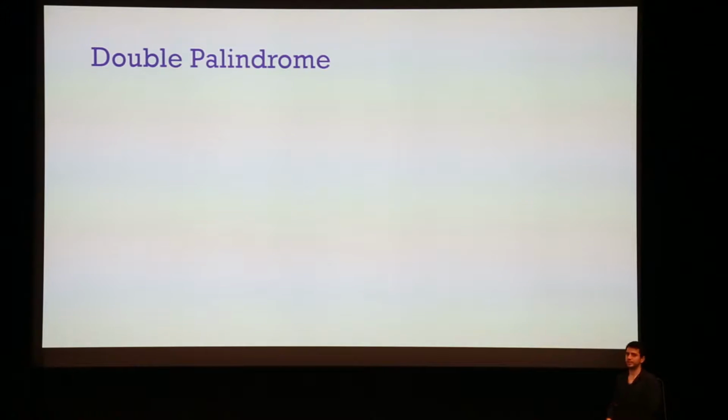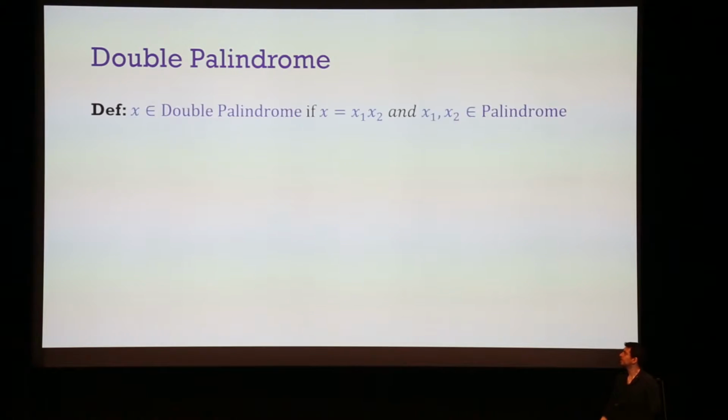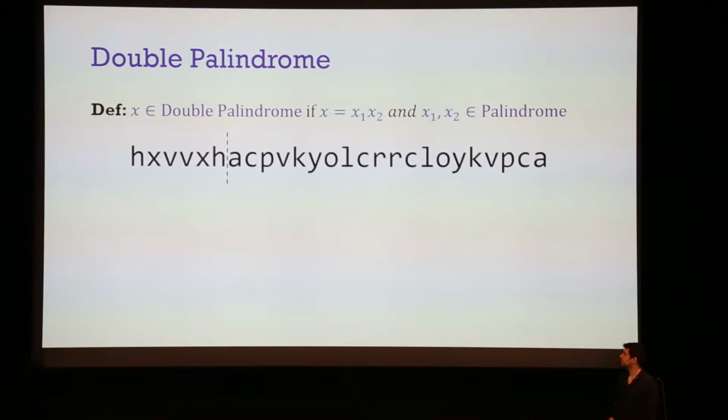Specifically, we saw the property of double palindrome, which is a string that is a concatenation of two palindromes. For example, this one. The first part of the string is a palindrome, and the second part of the string is also a palindrome.